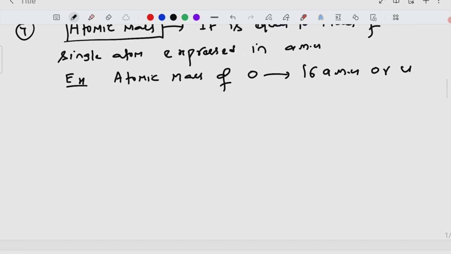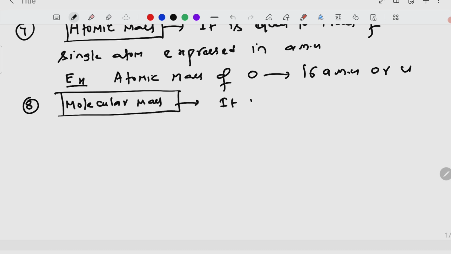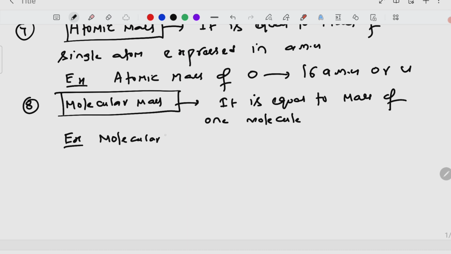Similarly, moving to molecular mass. Here molecular mass is equal to the mass of 1 molecule, again expressed in AMU. For example, the molecular mass of O2 is 32 AMU.